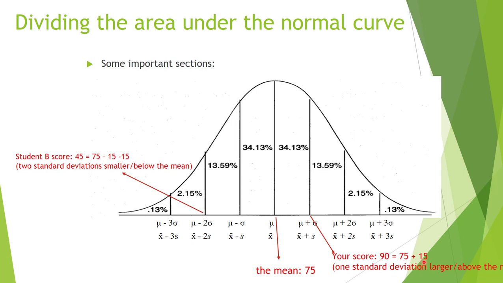So it's fair for me to say your score 90 is 1 standard deviation larger than the mean. 15 is 1 standard deviation, right?